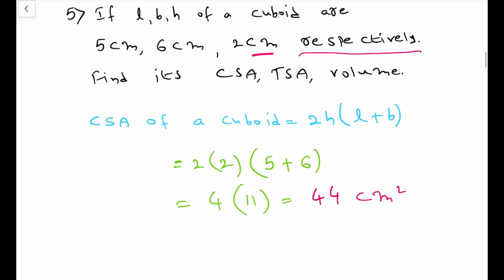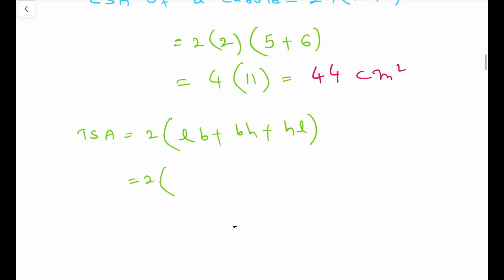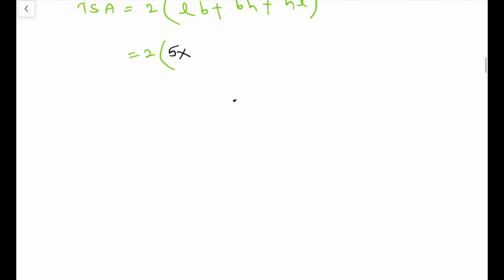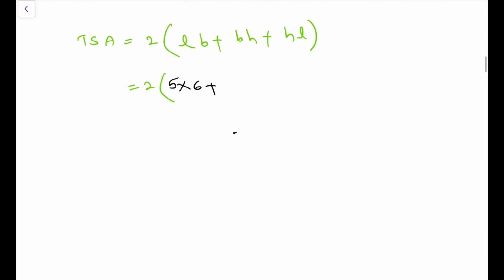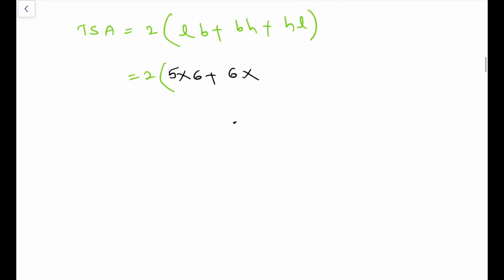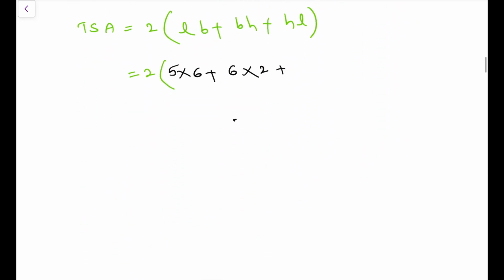Now let us move to find the total surface area of the cuboid. What is the formula for total surface area of a cuboid? That is 2 into (LB plus BH plus HL), which equals 2 into, what is the length given? Length is 5 centimeters into breadth 6 centimeter plus breadth 6 centimeter into height 2 centimeter plus height 2 centimeter into length 5 centimeter.